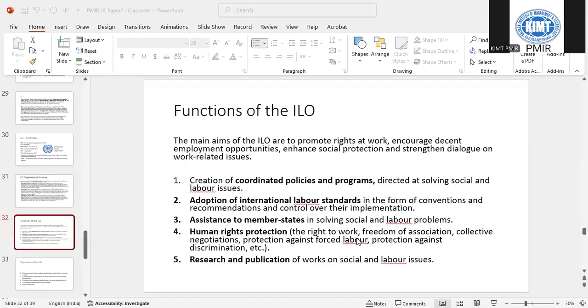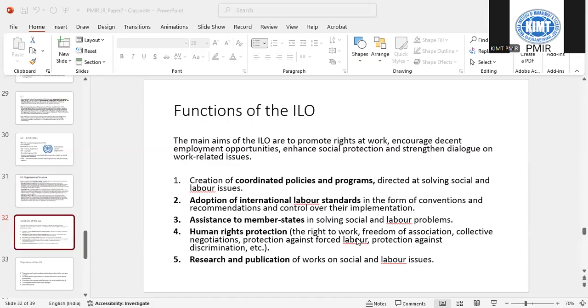If somebody wants to publish and they have a journal or magazine, suppose one country is publishing an article on global warming, that kind of publication and research work is ILO's responsibility to help its member countries with. These are the main functions.